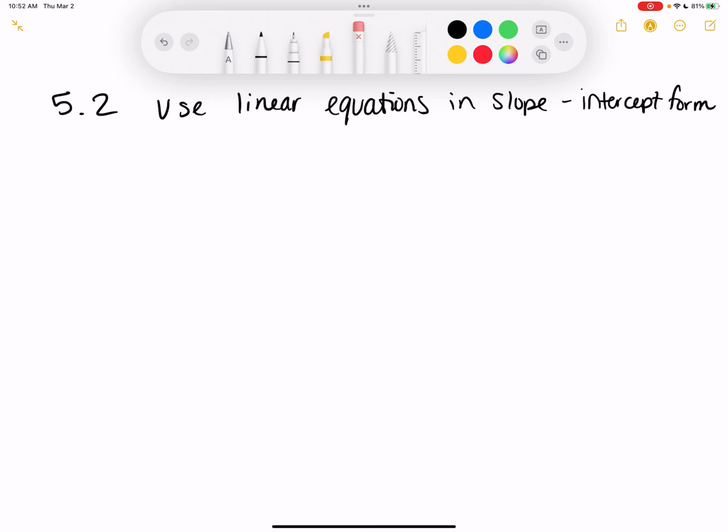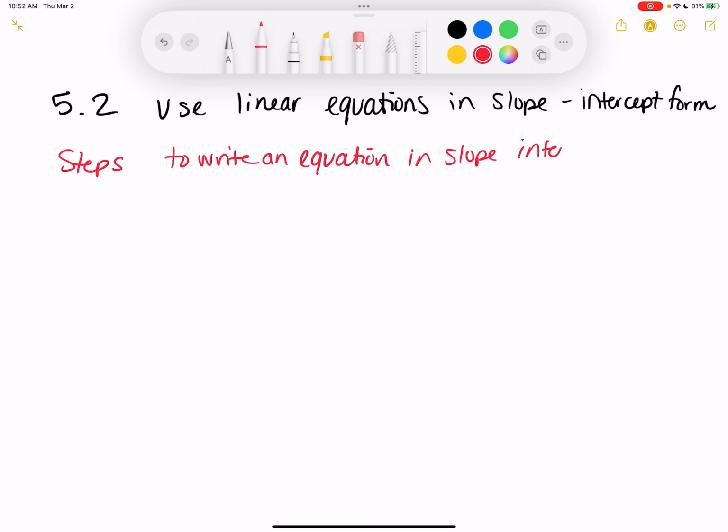So the steps to write an equation in slope-intercept form. First we identify the slope m.